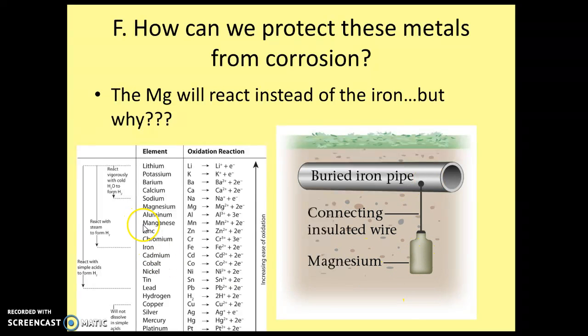Well, if we take a look at our activity series, iron is right here, and magnesium is way up here. So if they're higher on the activity series, it means magnesium is more reactive than iron, meaning that any reaction that starts happening here is actually going to cause this to react instead of the iron pipe. So if we put it next to a more reactive metal, the more reactive metal is actually going to react.